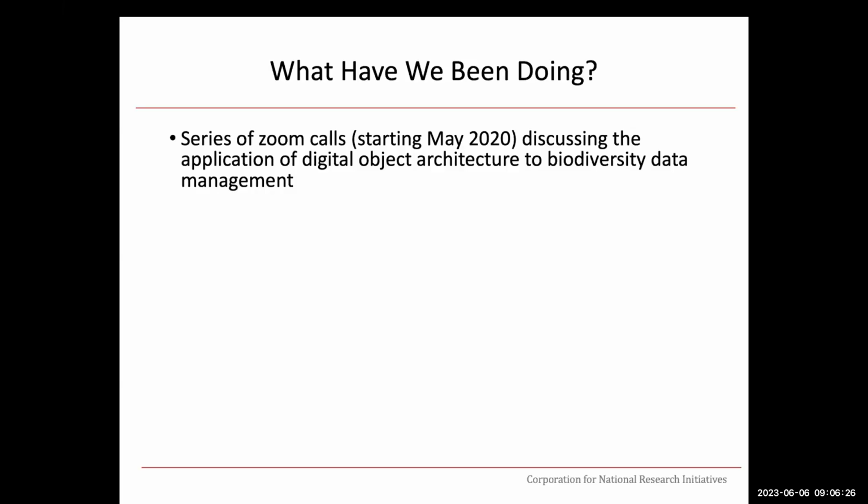DOIs are the identifier part of digital object architecture, one of several. And applying that to biodiversity data management. This talk will be a very high-level architecture talk. From my perspective, biodiversity is a use case, and it's an interesting use case. And I've been associated with DISCO for a number of years now. I got in touch with Dimitri Kourias through RDA, and that started a series of discussions.